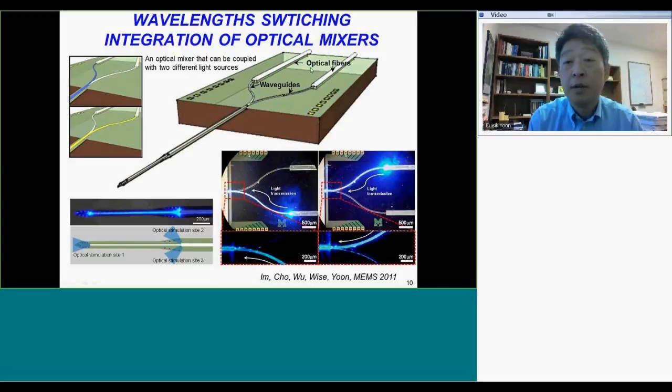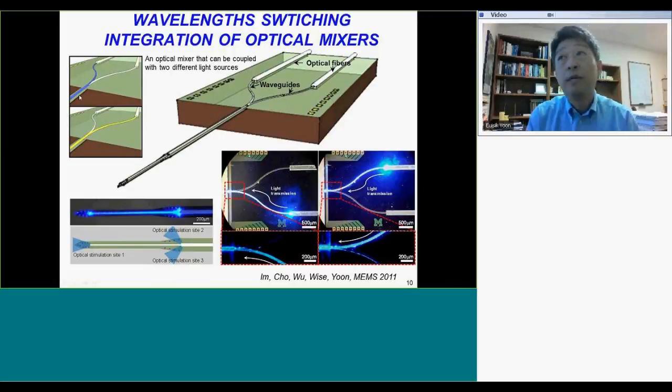By switching the light source, we can illuminate blue light for channelrhodopsin stimulation to excite the neurons, or switch to yellow light, which will excite halorhodopsin to inhibit the neurons. So we could successfully integrate the optical mixer and switch the light.